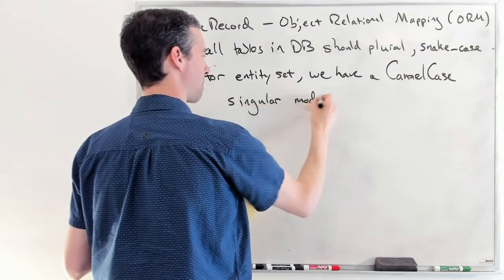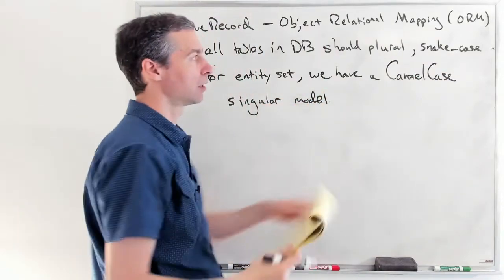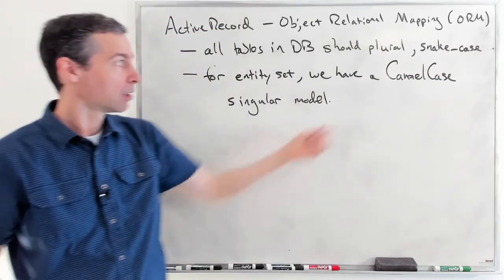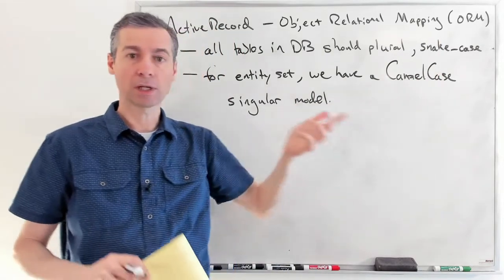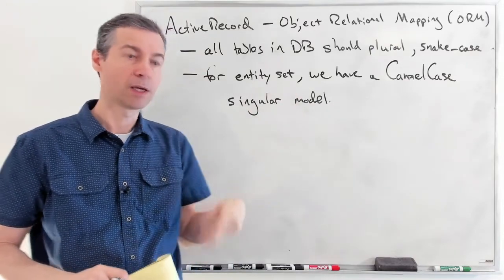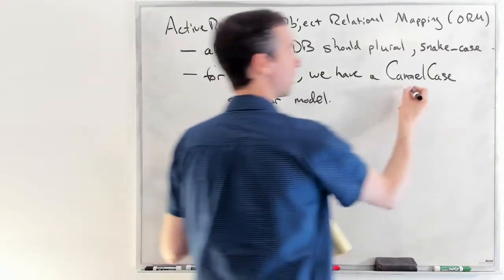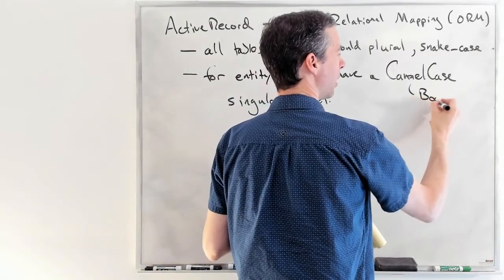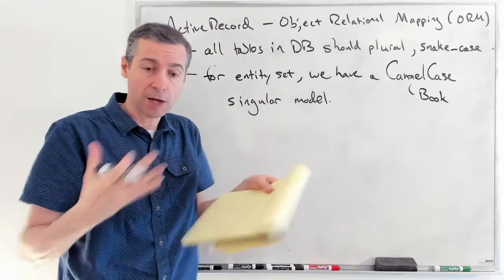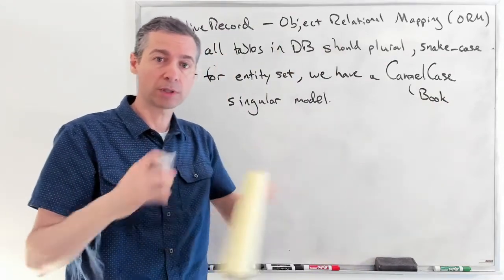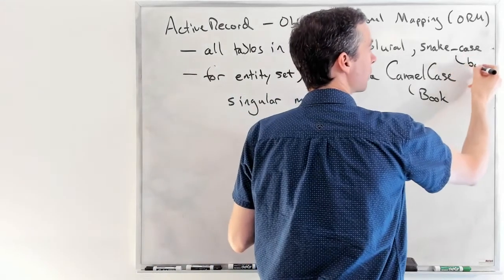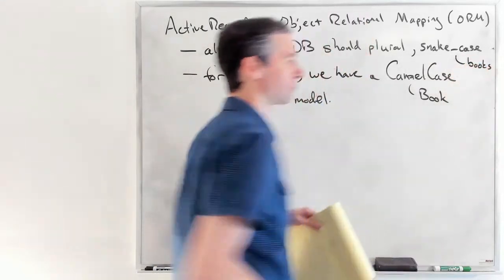model. So for example, in the database, I would have a lowercase books table. My model would be uppercase with a capital B, lowercase OOK, Book. So in my model it would be Book. Like the notion of an object is going to represent a book. It's going to represent one row in the books table.